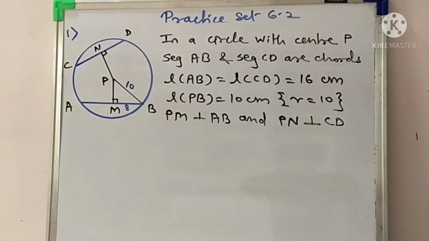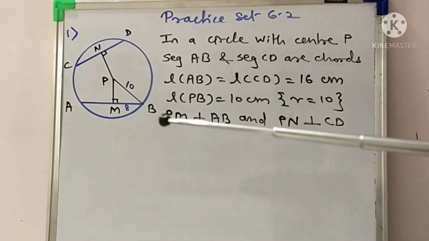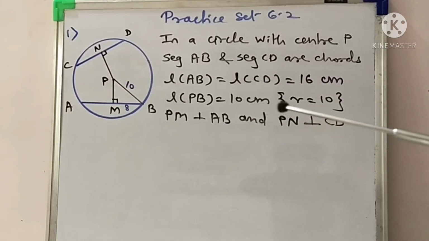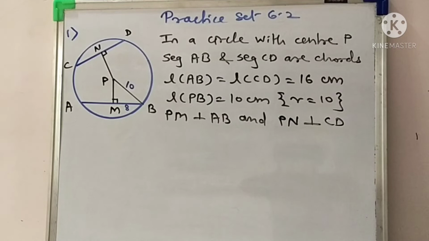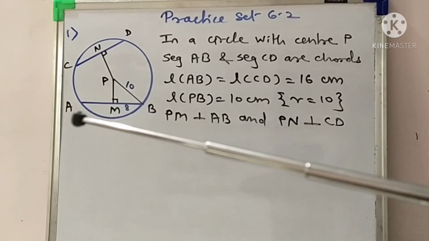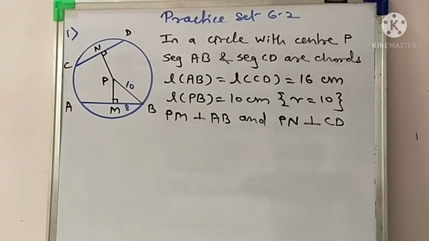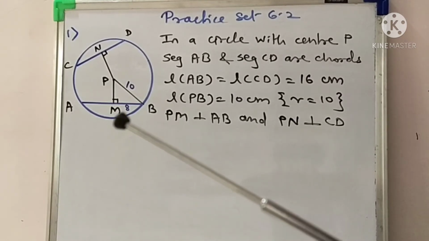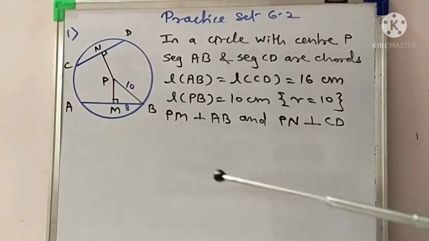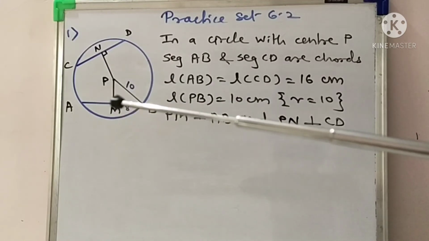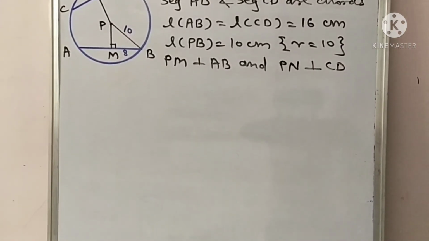PB is 10, which is a radius, and MB is 8 because AB is 16 and PM is perpendicular to AB. So we use the property that a perpendicular drawn from the center of a circle on its chord bisects the chord. Means AM and MB are both half of AB, and half of 16 is 8. Then using Pythagoras we find length PM, which equals length PN.